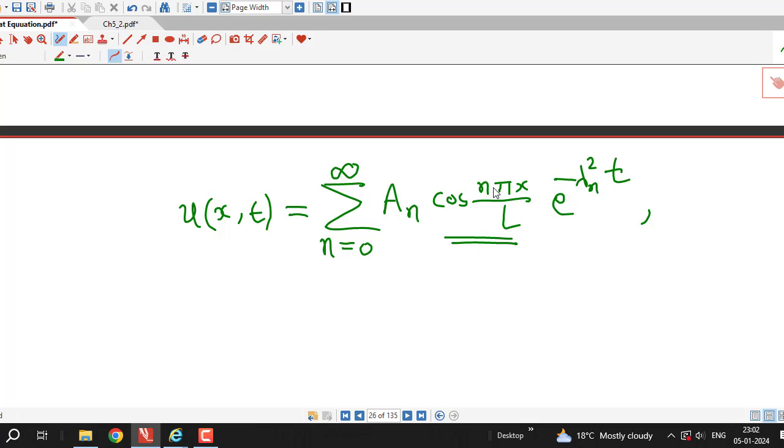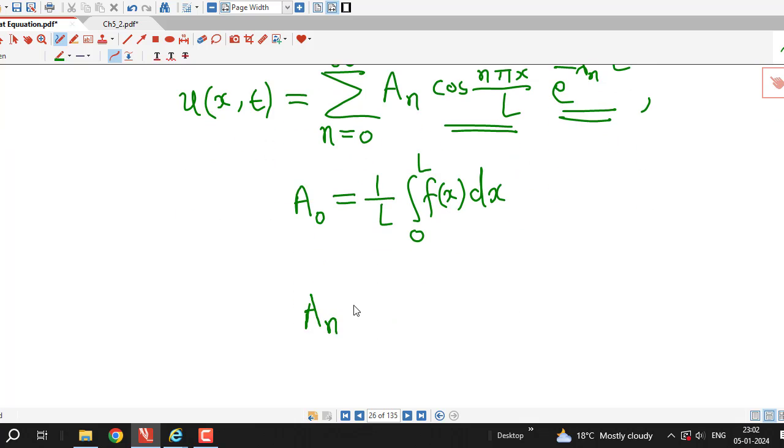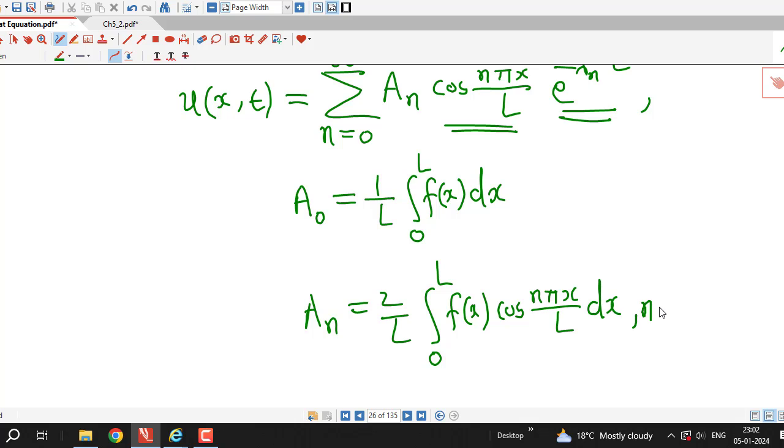The difference is in these terms. This is Fourier cosine, matching with the Fourier cosine series when t equal to 0. Here n starts from 0, and a0 is given by 1 divided by L integral of function f(x) with respect to x, and a_n is given by 2 divided by L integral from 0 to L f(x) times cosine of n pi x over L with respect to x, n starts from 1, 2, 3 and so on.